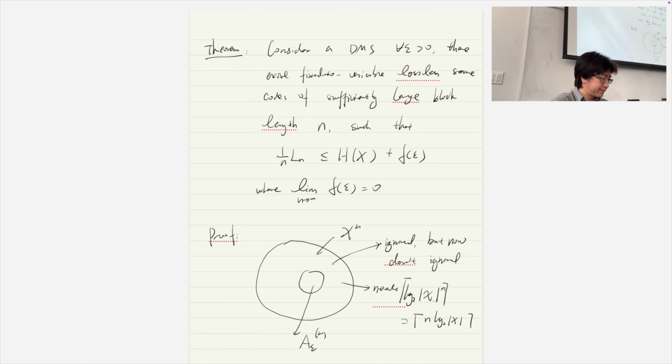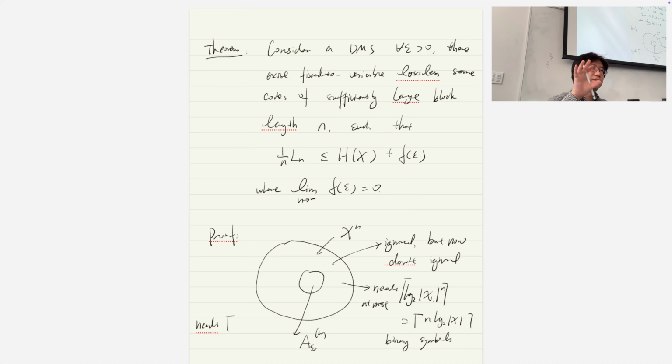Okay, great. So this is the upper bound. We need at most this number of binary symbols, 0s and 1s. And then for those that are in the typical set, what do we need? Do you remember?